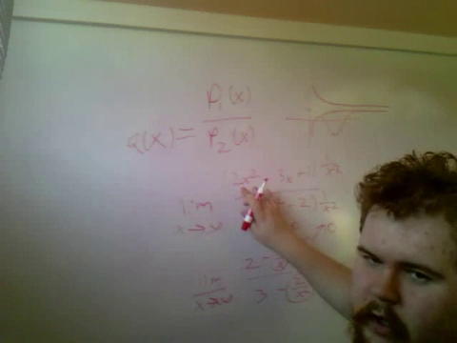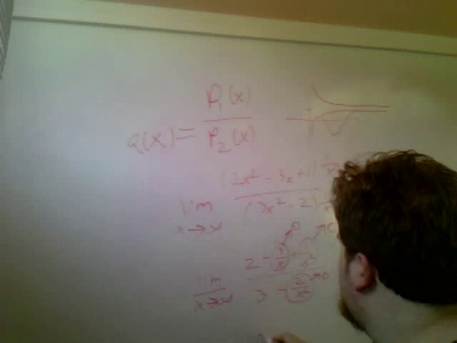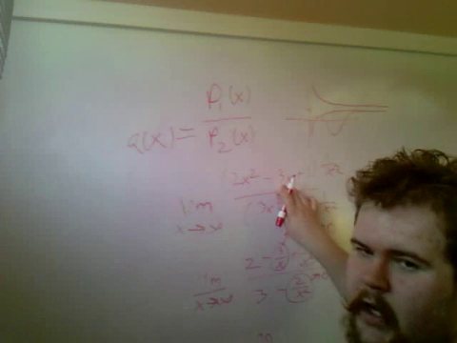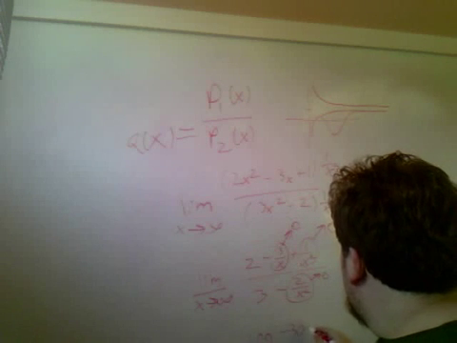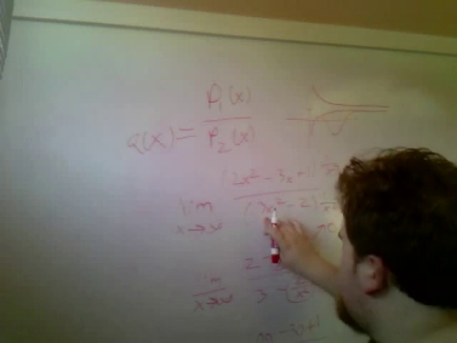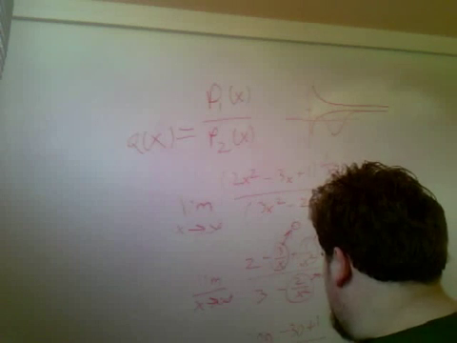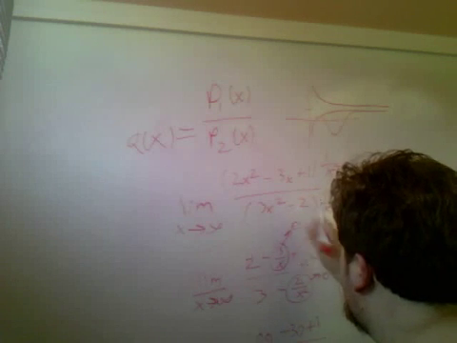So we have 2x squared. 10 squared is 100, so we have 200. 3 times x. X is 10, so that's minus 30, plus 1 divided by 3 times x squared is 300. 300 minus 2.